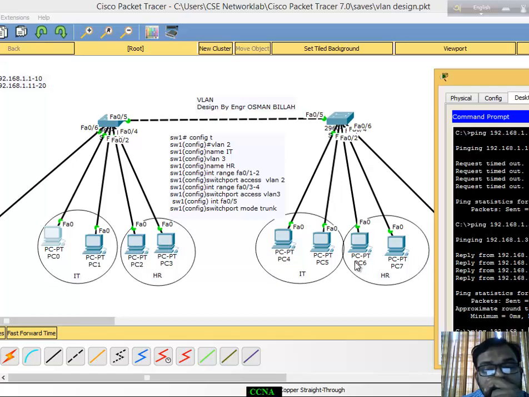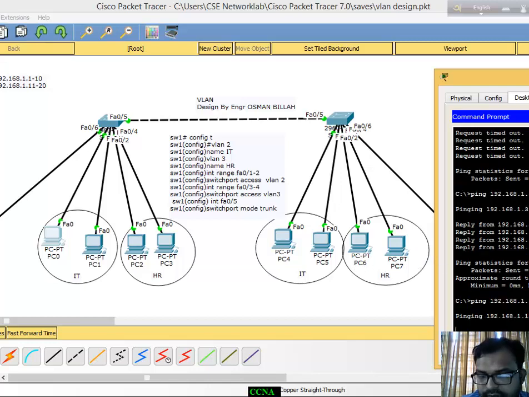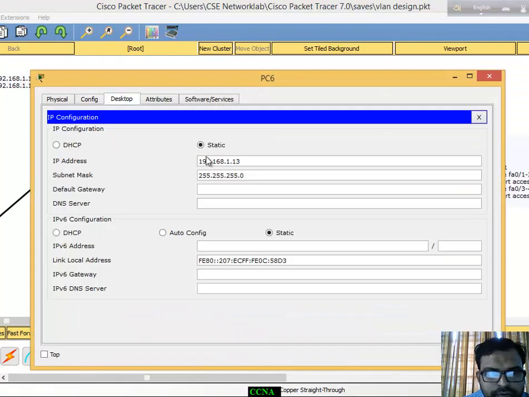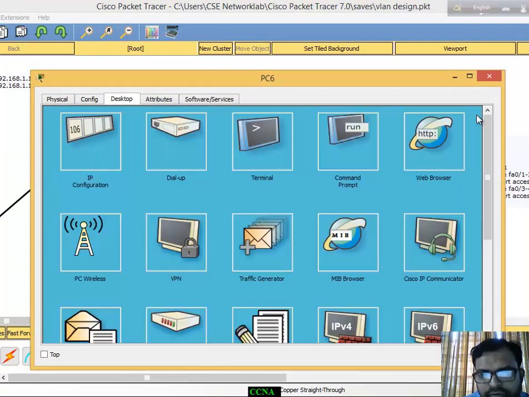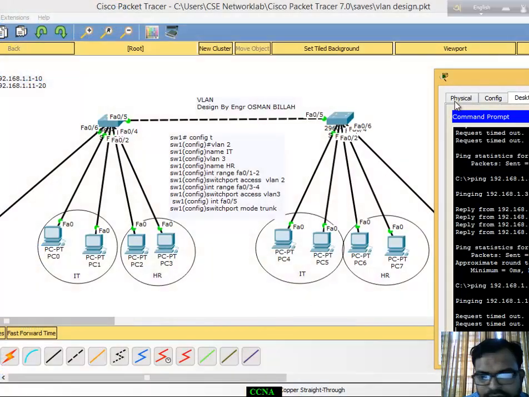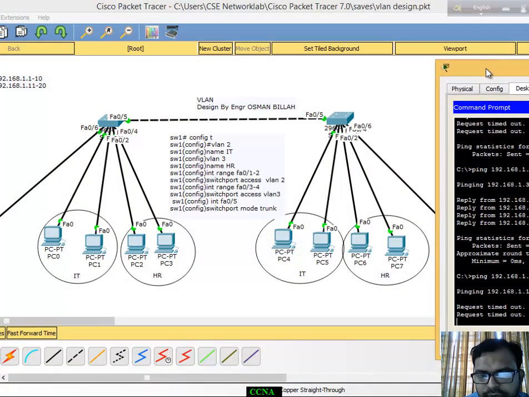Okay. 11, 12, 13. Okay, 13. They don't communicate with each other because of the VLAN.